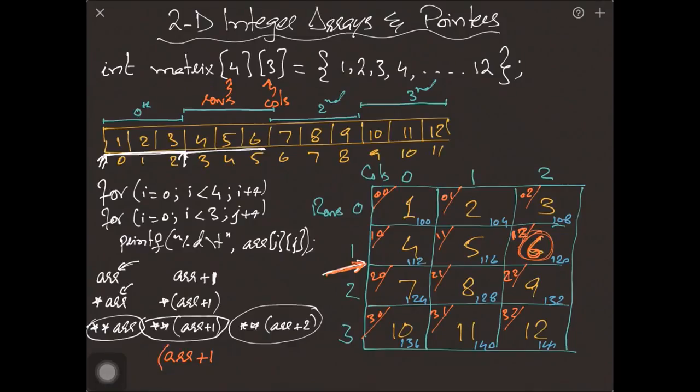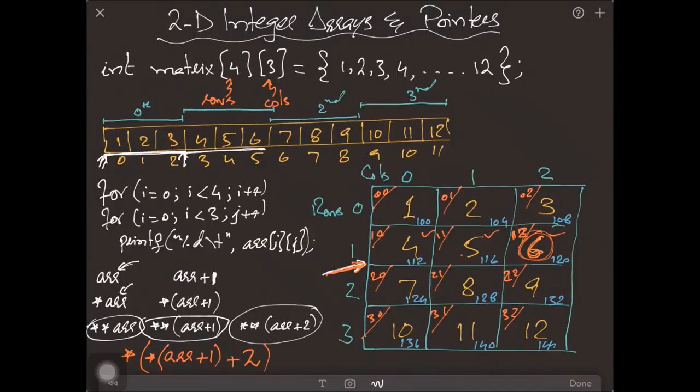I dereference it. Then I add 2, 0, 1, 0, 1 and 2. And after that I again dereference it.